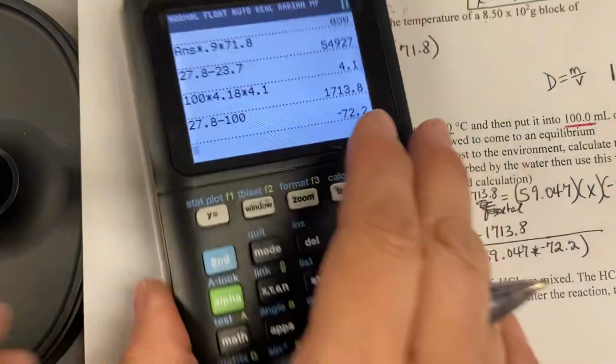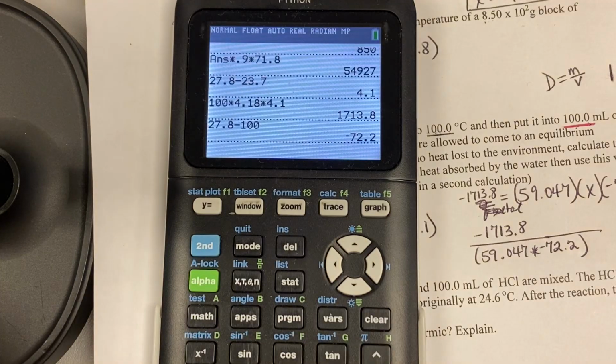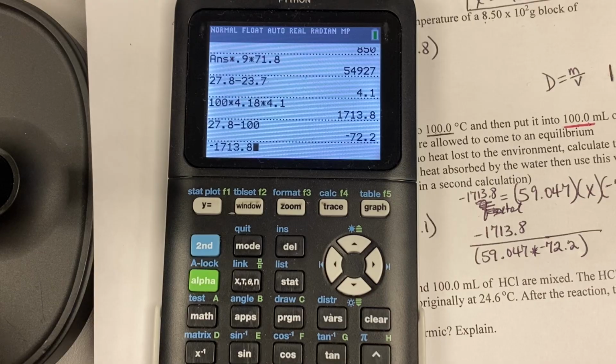All right, so let's plug that into the calculator. We can say negative 1713.8 divided by, and remember, I want to put this in a set of parentheses, that way order of operations is satisfied. 59.047 times a negative 72.2.